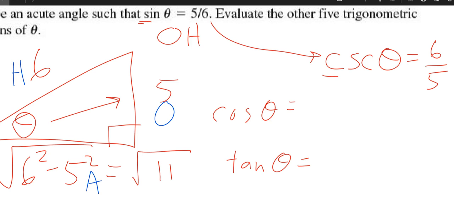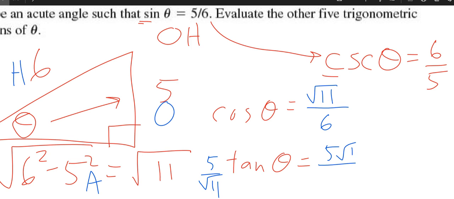So what's radical 11 over what? 6. What about your tangent? Opposite over adjacent, right, TOA. Yeah, 5 over radical 11 does rationalize to 5 radical 11 over 11. That's true.